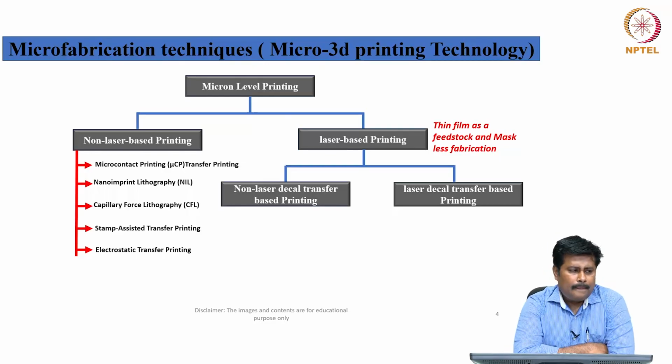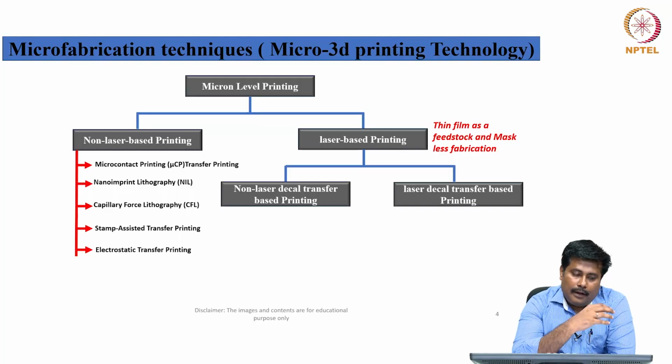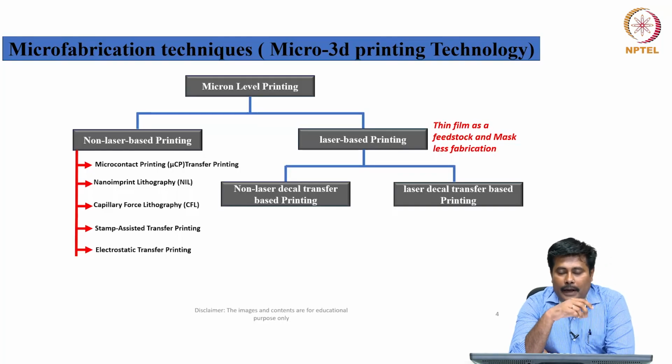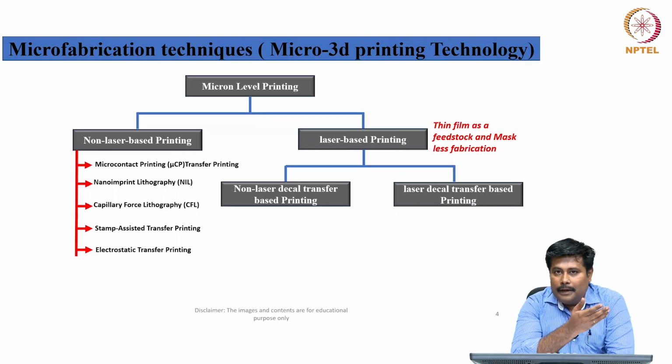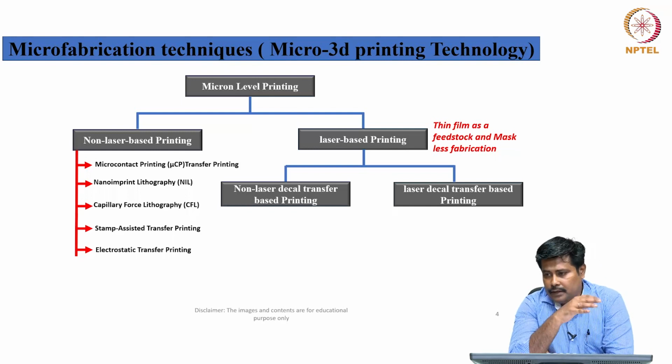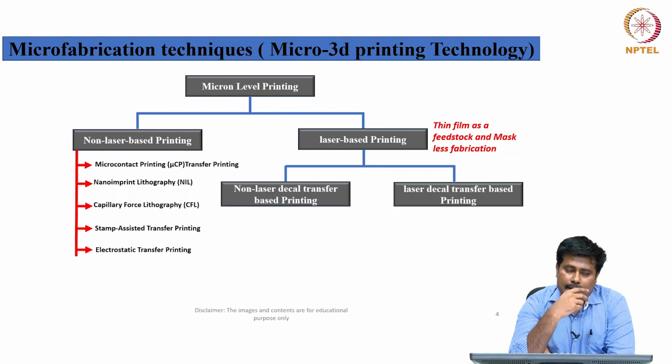Now, let me introduce you to a new technique where 3D printing is used for fabricating micro features or micro devices based on the requirement. We all are aware of 3D printing. In the last 3-4 decades, there has been a huge evolution in the field of additive manufacturing and 3D printing.